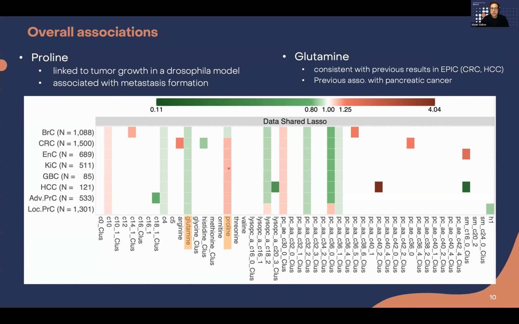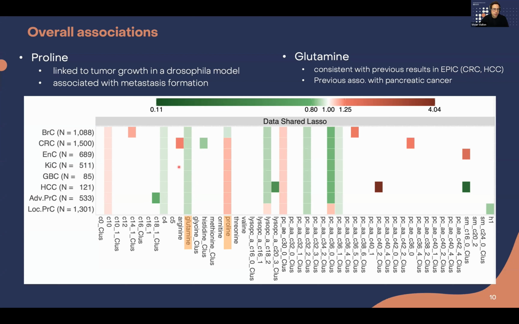And another metabolite that could be of interest is glutamine, for which we observed a very consistent inverse association across the different cancer types. Again, our results were consistent in a sense with previous results in EPIC that already observed that this amino acid was inversely associated with colorectal cancer and hepatocellular carcinoma.